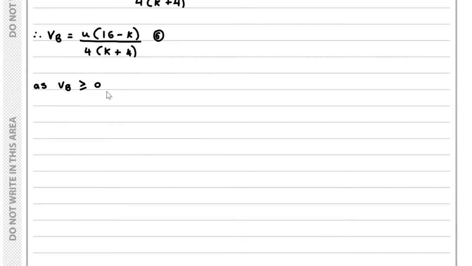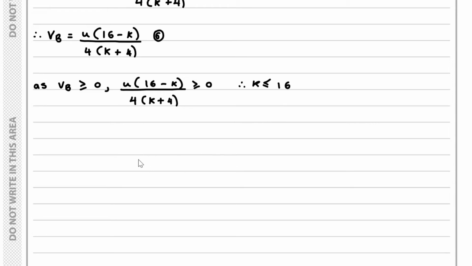So, in other words, we've got u lots of (16 minus k) over 4 lots of (k plus 4). This is greater than or equal to 0. And therefore, if we solve for k, k will be less than or equal to 16.